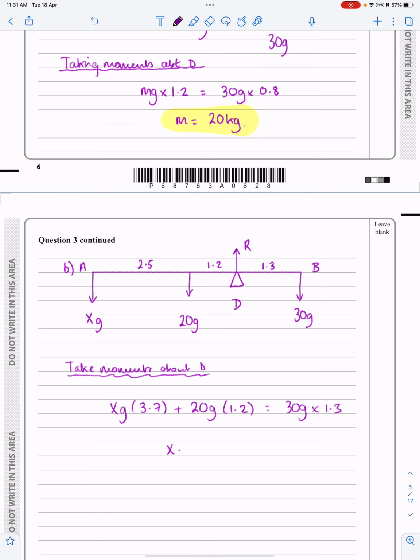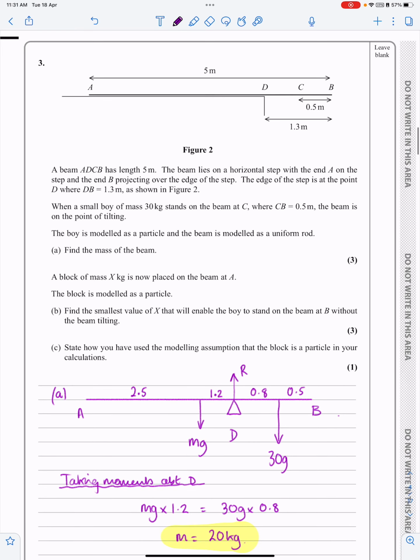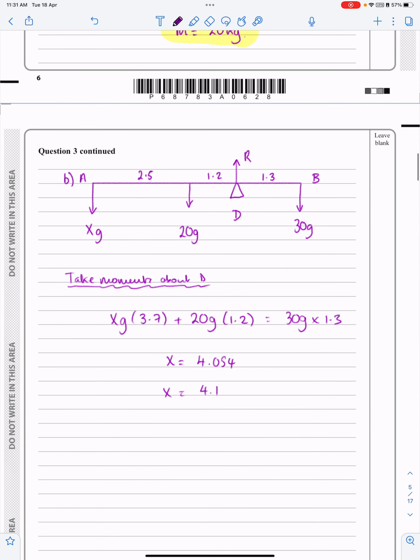We'll just get that X works out to be equal to 4.054, which is 4.1. Does it say to? Yeah, it doesn't say the decimal place or significant figure, so I'm doing it to 2 there. The G's actually cancel, so you could do it more accurate than that, but 4.1 would be enough as far as I was concerned.